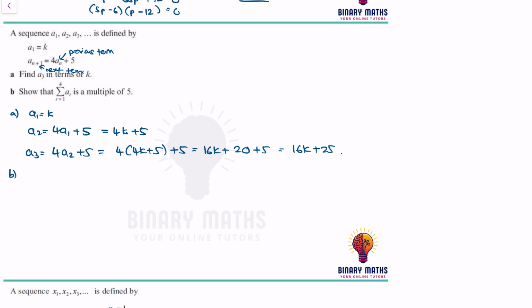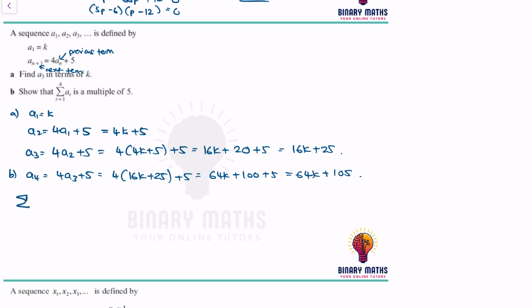Part B showed that the sum of AR from R equals 1 to 4 is a multiple of 5. So I've got A1, A2, A3 already worked out. I need to work out A4. A4 will be 4 times A3 plus 5, which is 4 times 16K plus 25, plus 5, which is equal to 64K plus 100 plus 5, which is equal to 64K plus 105.